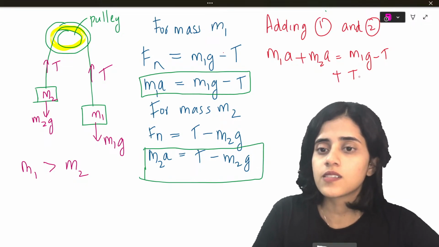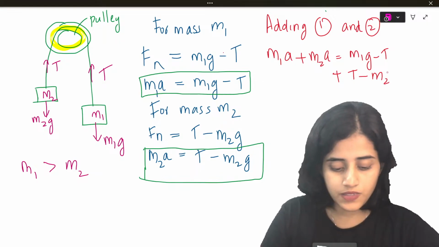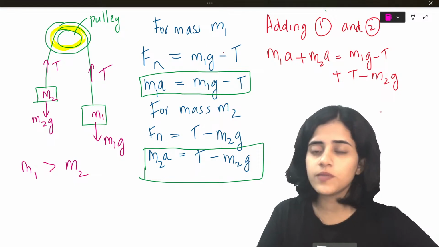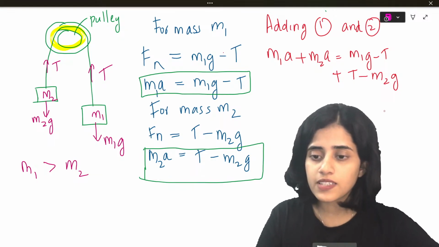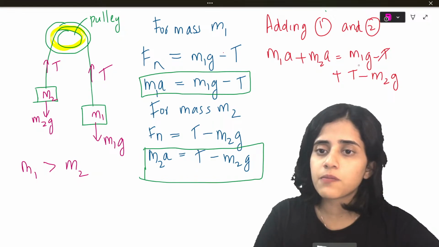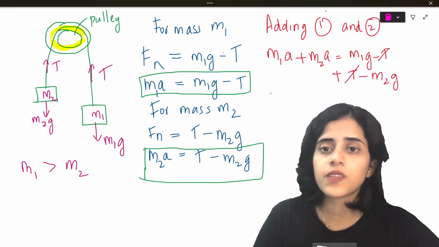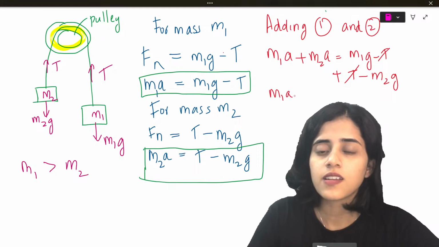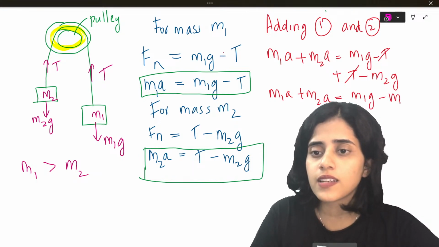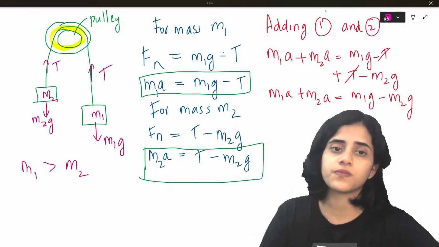Now this minus T and plus T will cancel. So what happens? M1A plus M2A is equal to M1G minus M2G.